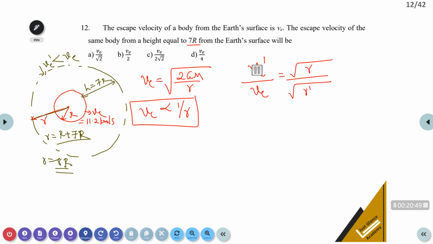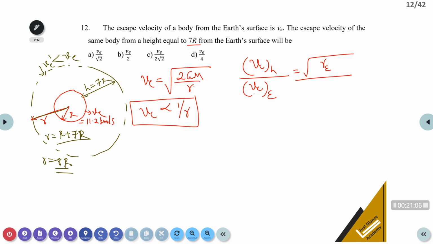Or else, escape velocity at a height h divided by escape velocity on the Earth's surface equals square root of the distance on the Earth's surface, R, divided by R at height h. Okay, fine.